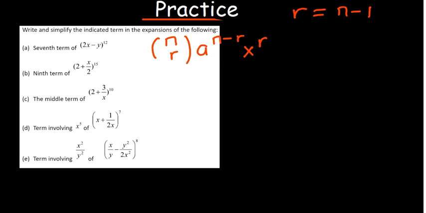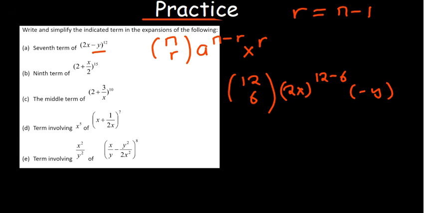Therefore, in this case, when they say find the 7th term, we're going to have our value of n, which is 12. We are choosing 6 because we start from 0. Our a in this case has been given to be 2x. It will be the power 12 minus 6, and then our y, negative y, will be the bottom power, which is 6.